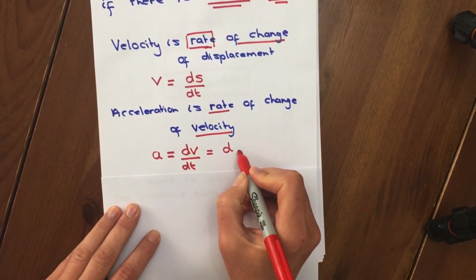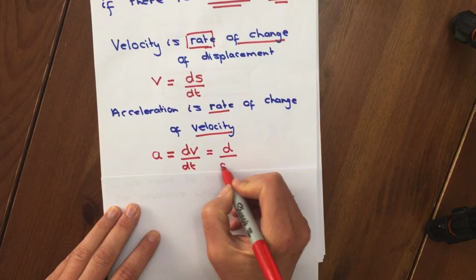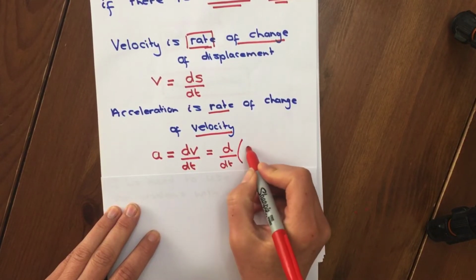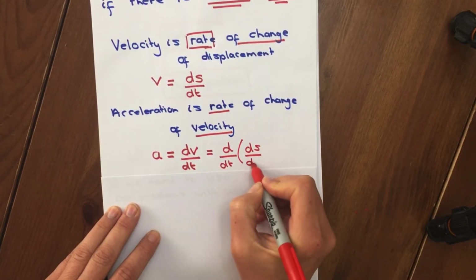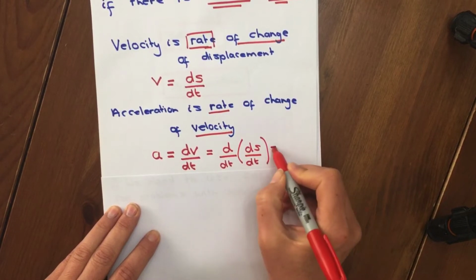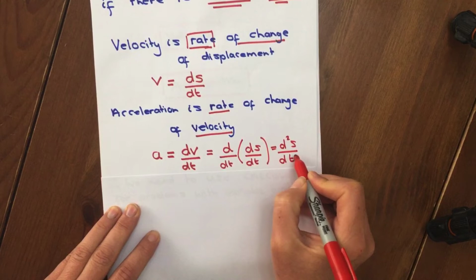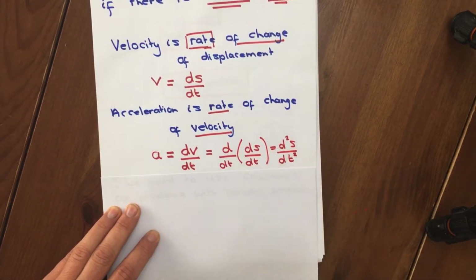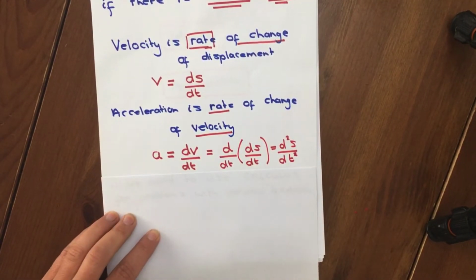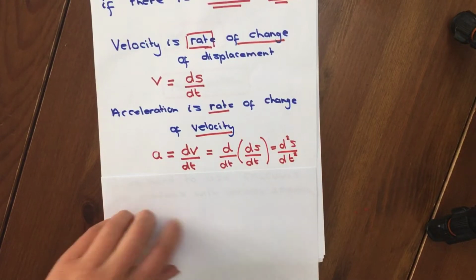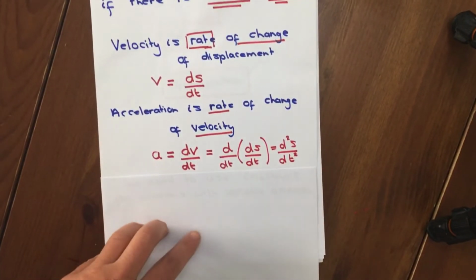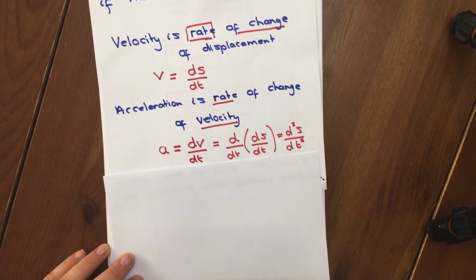So we could write it as dv by dt, or d squared s over dt squared. Okay, so make sure you've also got that written in your books please. Acceleration is the rate of change of velocity.